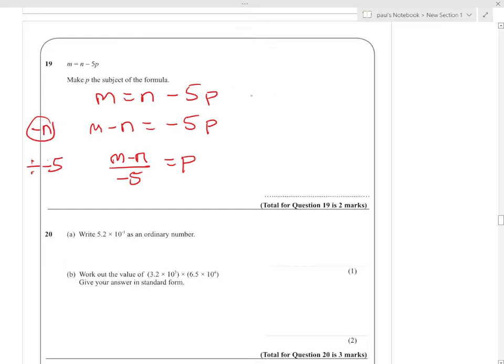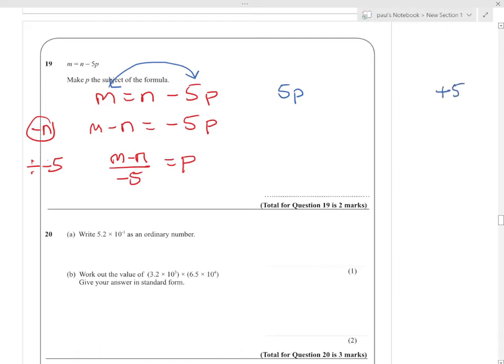So what they did was they swapped these two around so that you had plus 5P because you added 5P to both sides.